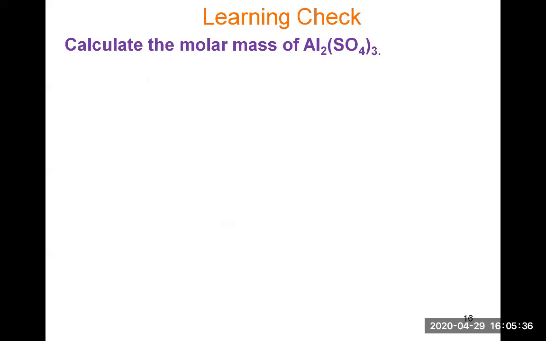So the number of sulfur is 3 sulfates times 1 sulfur per sulfate, and so that's 1 times 3 sulfur. And for oxygen, it's 4 times 3. You multiply the 2 subscripts because it's 3 sulfates times 4 oxygens per sulfate.